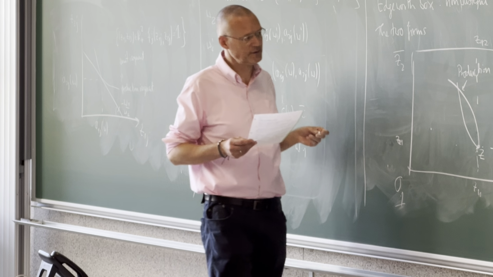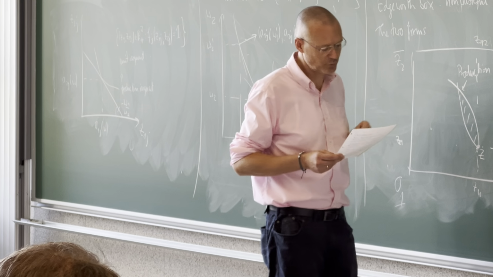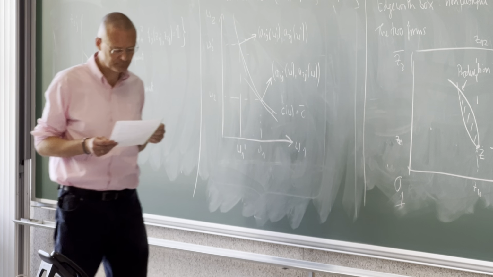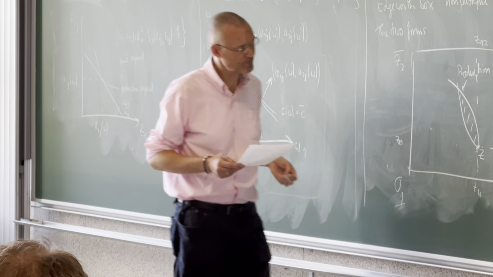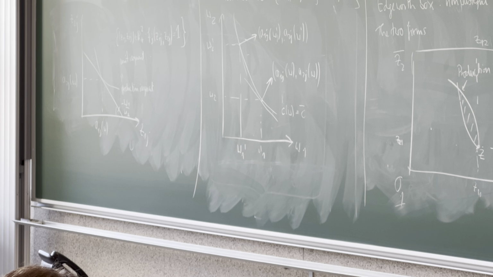Then you see that in this lens, both firms would make an improvement, would produce more efficiently, and this means a larger profit. If we assume constant returns to scale, CRS implies that the Pareto set is the diagonal.